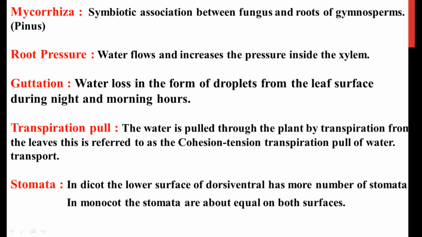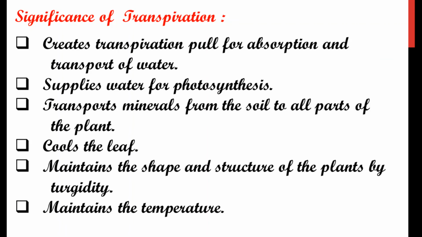Transpiration occurs mainly through the stomata and to a very small extent through the lenticels in the bark of trees. Significance of transpiration: it creates transpirational pull for absorption and transport of water, supplies water for photosynthesis, and transports minerals from the soil to all parts of the plant.